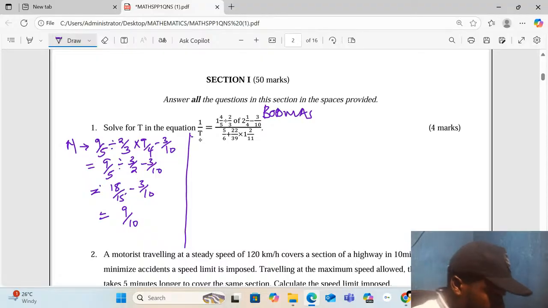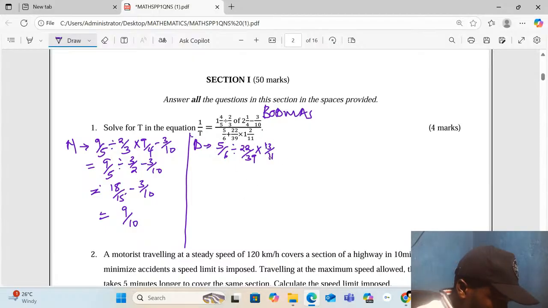Then we move to the denominator. So denominator, we start with multiplication, and we have 5 over 6. We divide by 22 over 39 times 13 over 11.